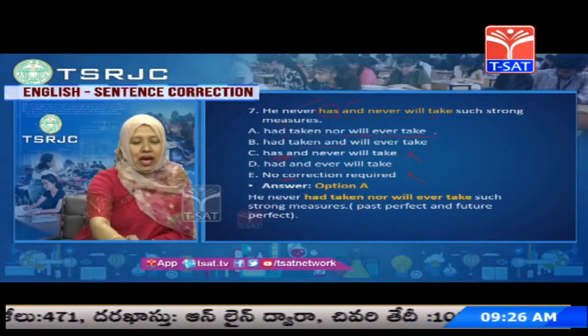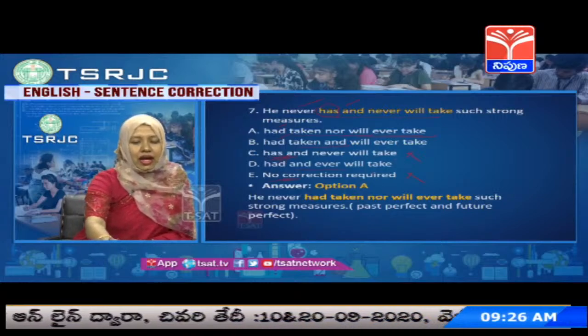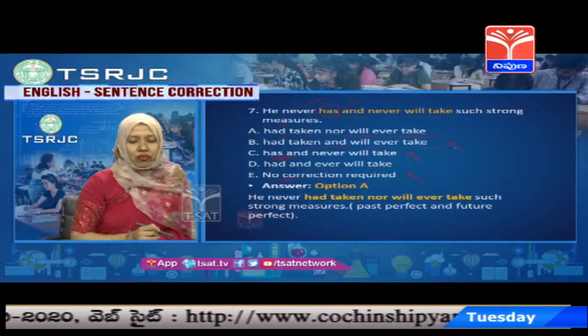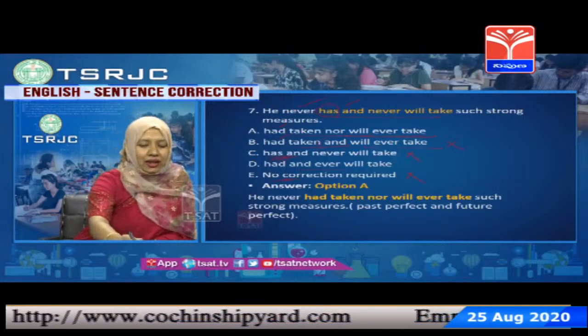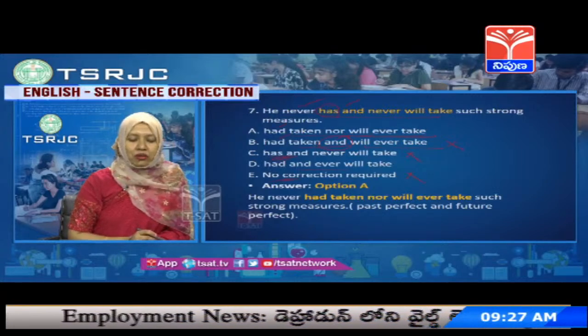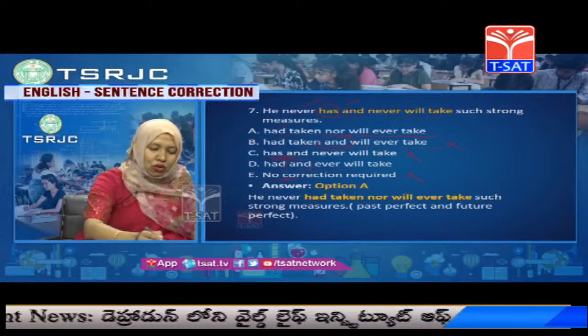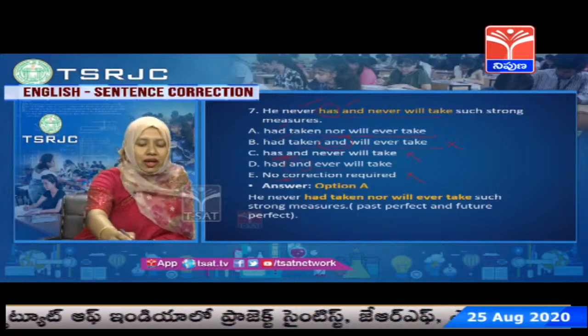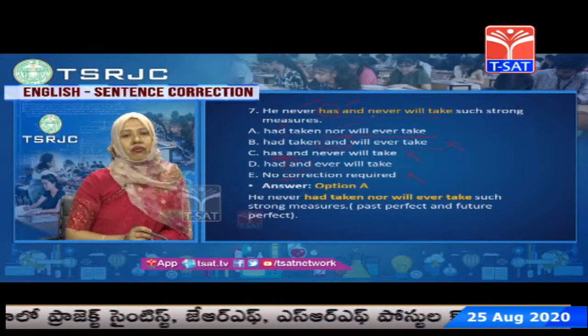He had taken and will ever take. This is wrong because and is given. We cannot use the conjunction and here, so you can eliminate this. Again in this option you can see the conjunction and is used. You should use the coordinating conjunction nor.